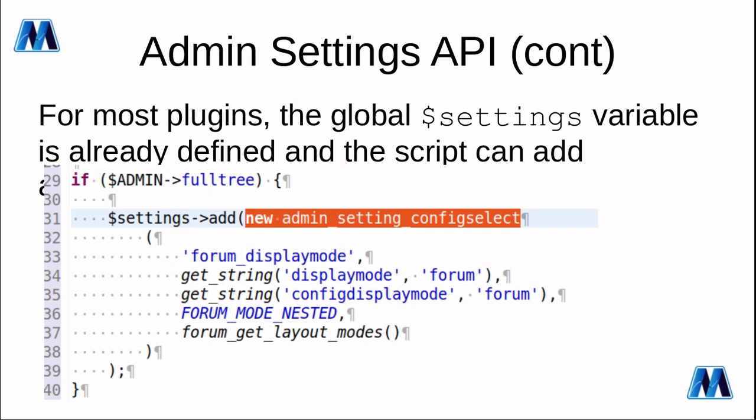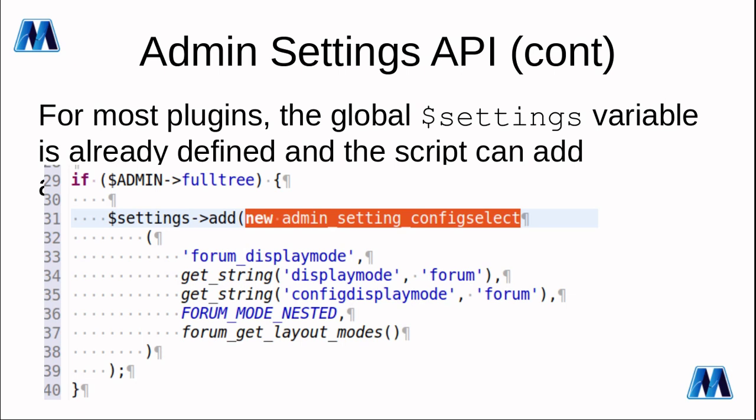Now, for most plugins, the global settings variable, which is an object, a sort of tree object, is already defined, and the script can just add directly the configuration settings it wants to collect.